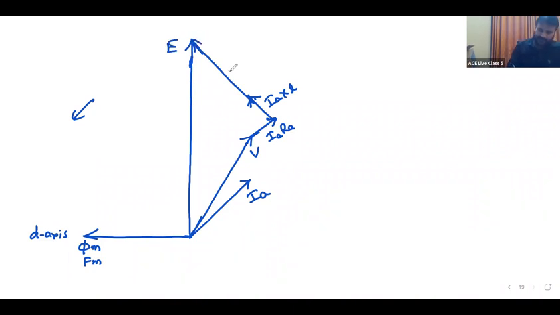This is the IA XS drop. So E is along the Q axis, the quadrature axis.